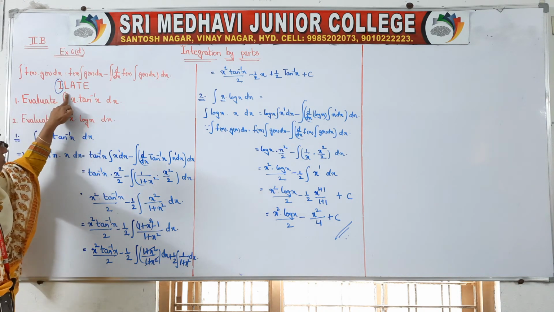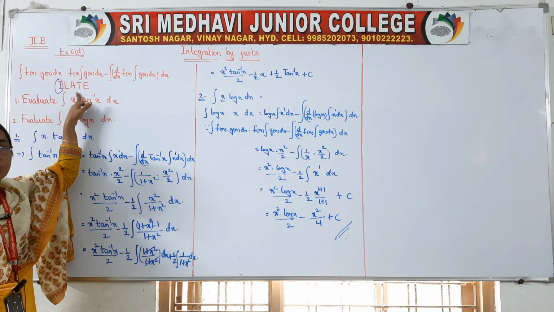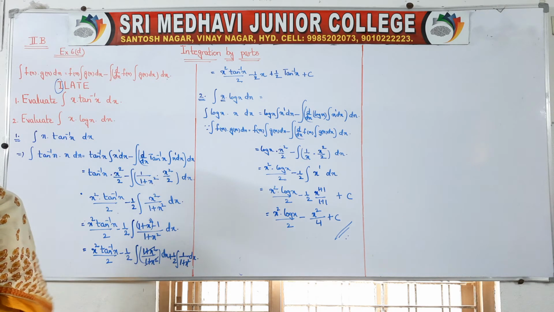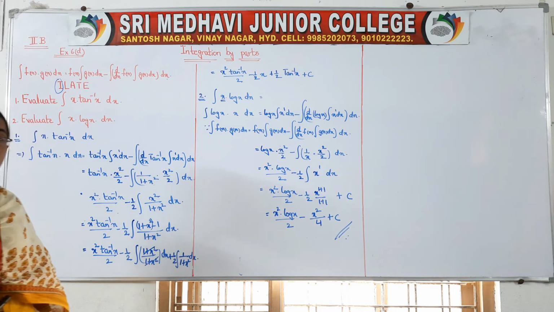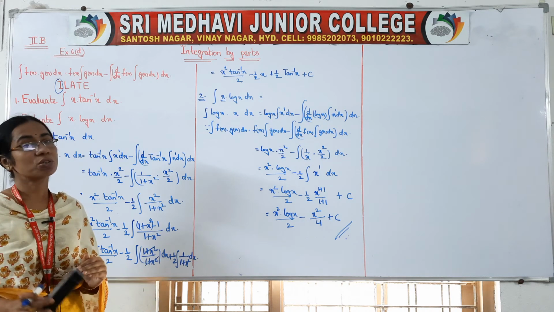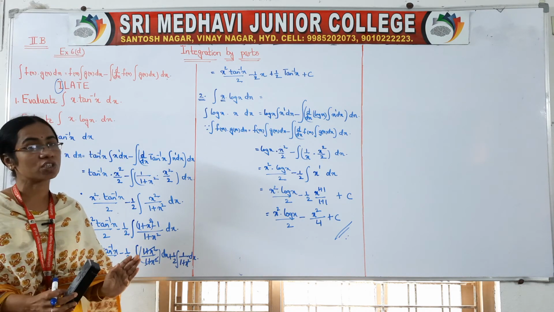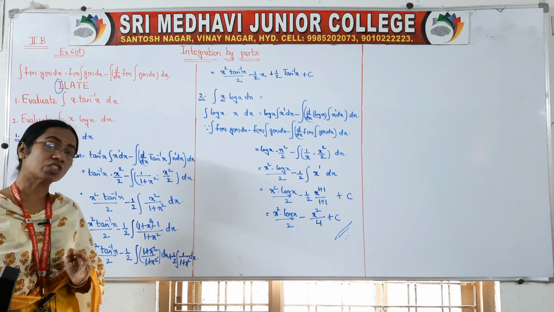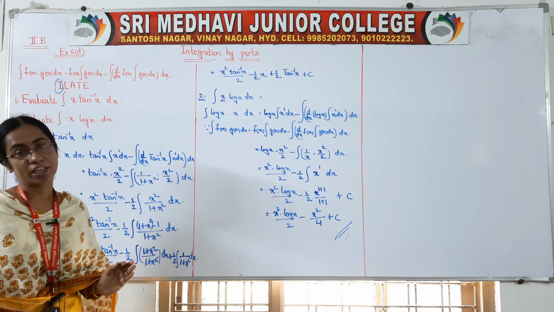Then logarithmic functions, then algebraic functions, then trigonometric functions, then exponential functions. Last is exponential, first is inverse. According to that, we decide which term can be taken as f of x and which as g of x.